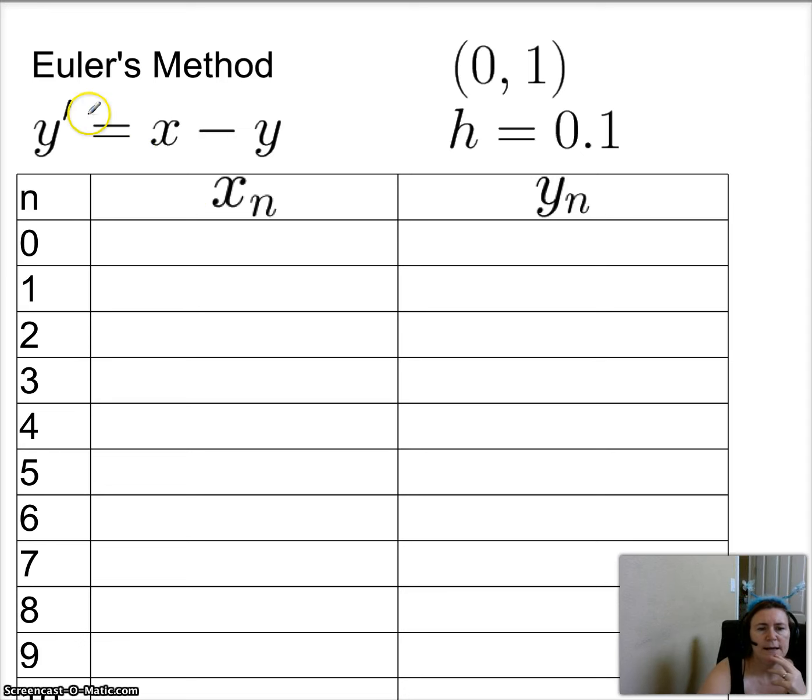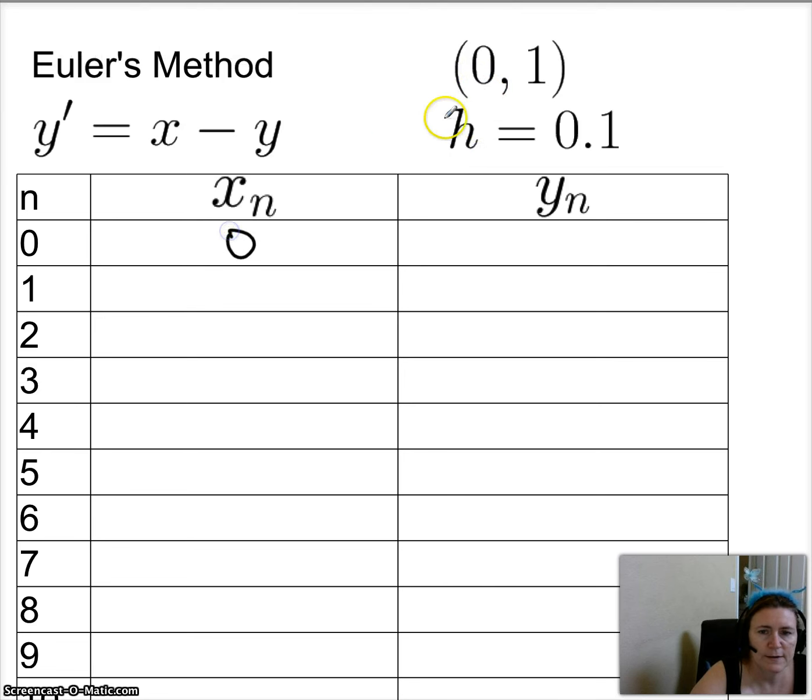All right, suppose I tell you that I want you to use Euler's method to find this curve right here. Y prime is x minus y. And I want you to start at x equals 0, and I want you to use an h of 0.1. Well, let's start with x is 0.